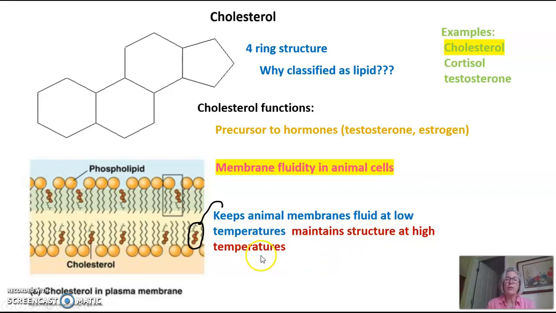This all has to do with the fact that animal membranes tend to be composed of phospholipids with saturated fatty acids, so they're linear, so they pack tightly together, and you need cholesterol to kind of give them some elbow room to maintain their integrity and their fluidity.